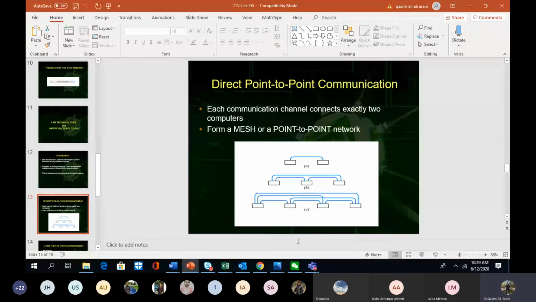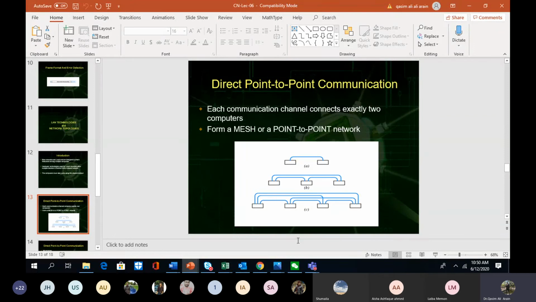The first computer is connected to the second, the second is connected to the third directly, and the first is connected to the third. This shows you the direct connectivity between computers, right? And if you look at diagram C, you have four computers and all these computers are connected with each other individually. So this is what point-to-point connectivity is. There is no central device. Only two computers are connected with each other with a single connection, not more than one connection, right?